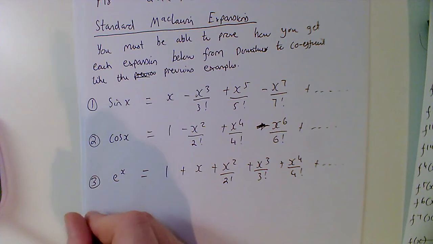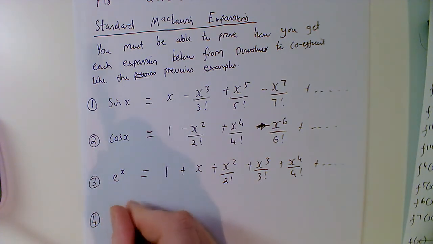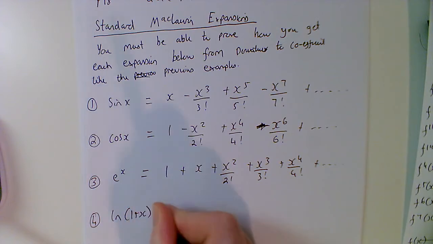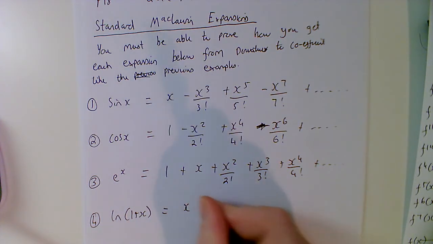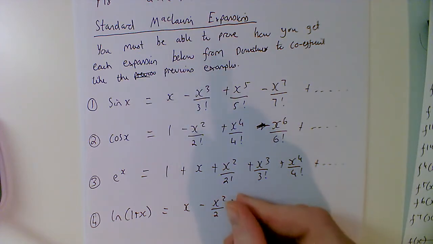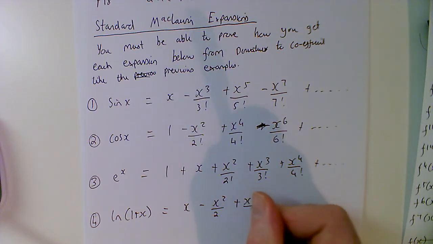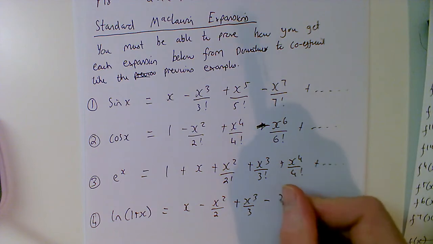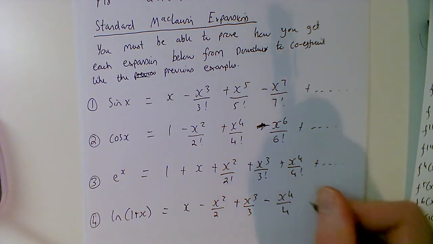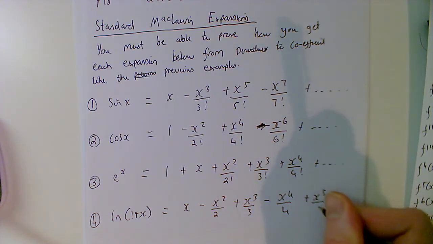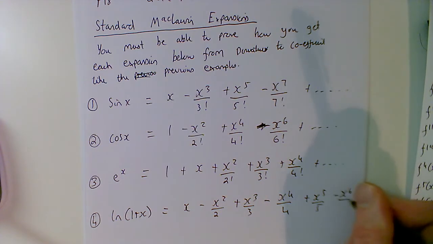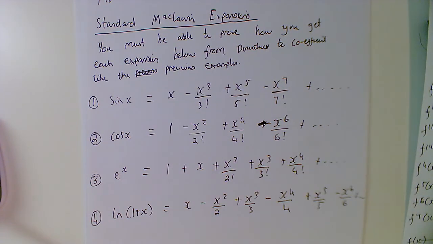And the last one that's useful for us to know is that ln(1 plus x) is x, take away x squared over 2, plus x cubed over 3, subtract x to the power of 4 over 4 plus x to the power of 5 over 5, take away x to the power of 6 over 6, plus a whole lot of other stuff.